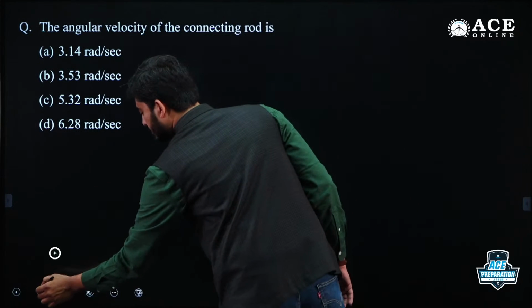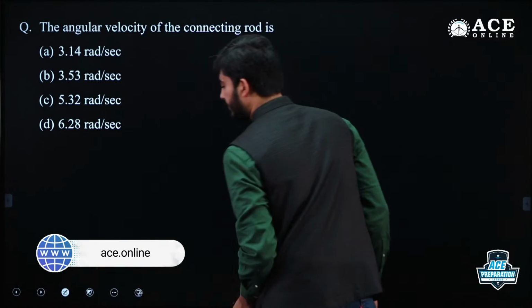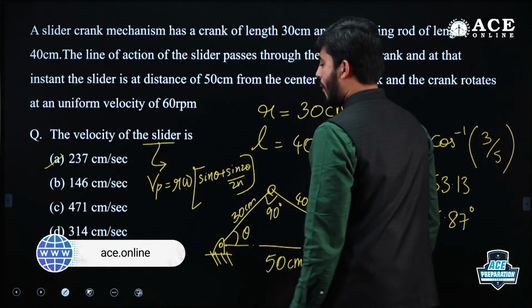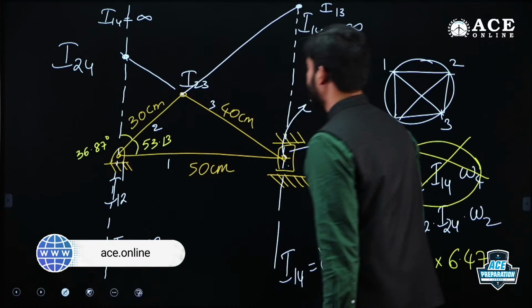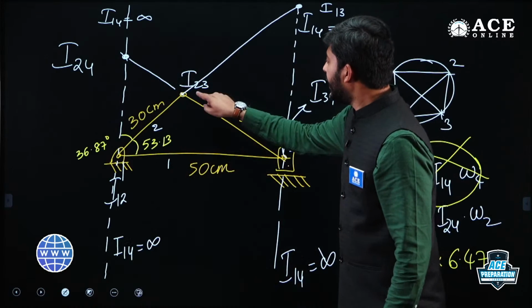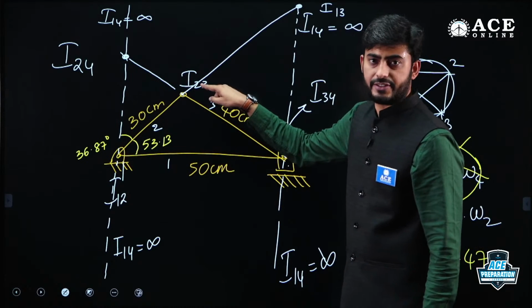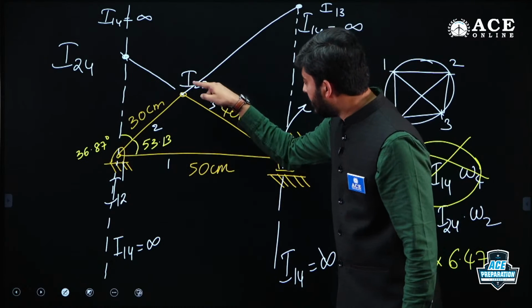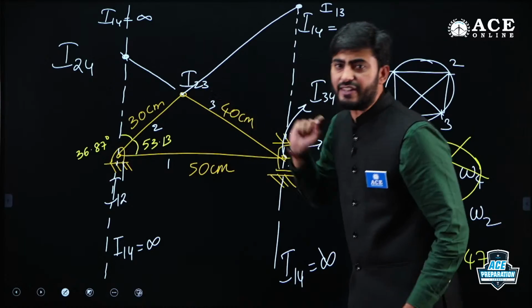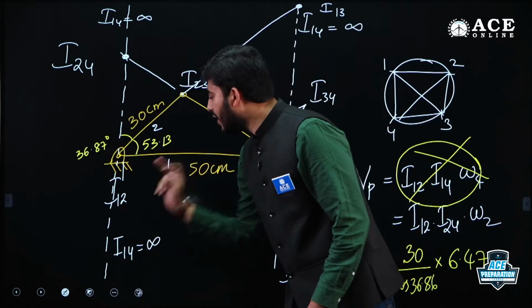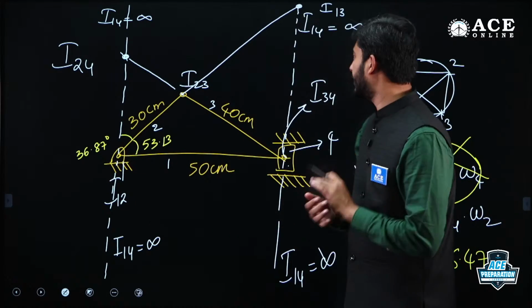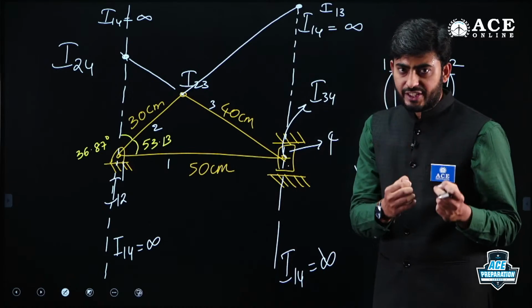Yes. Here I23 will be a moving point, basically the relative instantaneous center. I12 is the fixed instantaneous center, because 1 is the fixed link.